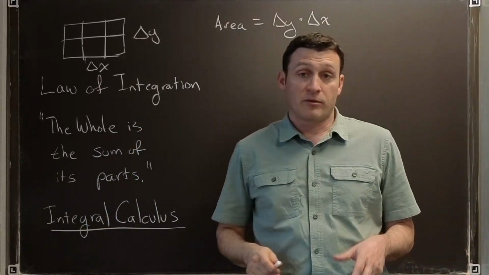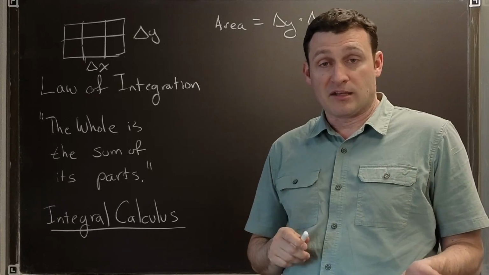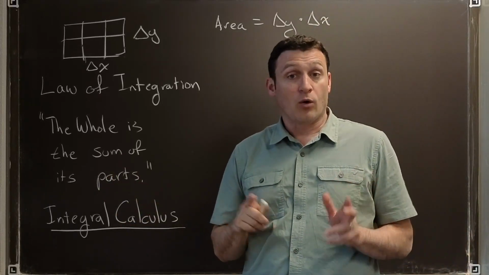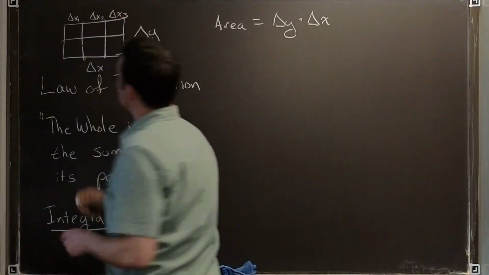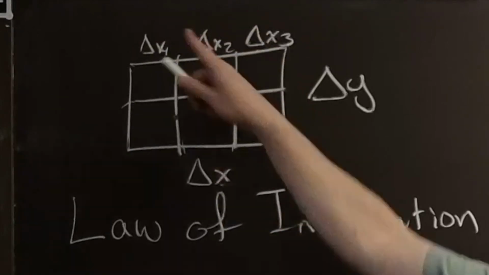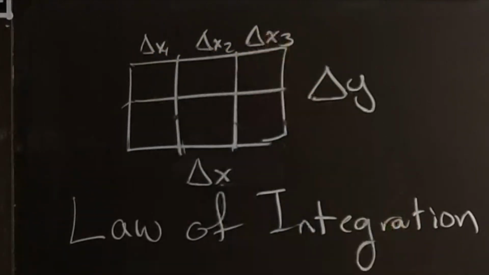And it's no coincidence that we chose multiplication as the model for the inside area. It's because we want to honor this law of integration, that the whole is the sum of its parts. Let's take, for example, that the bottom length, which is delta x, has now been subdivided into delta x1, delta x2, and delta x3, three smaller lengths. These might be of different sizes. They don't have to all be equal.